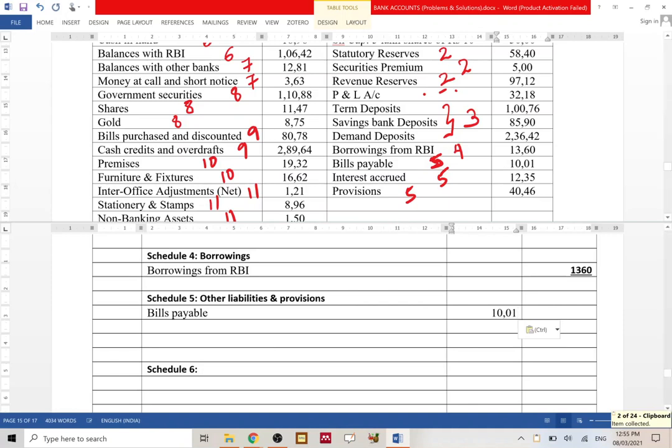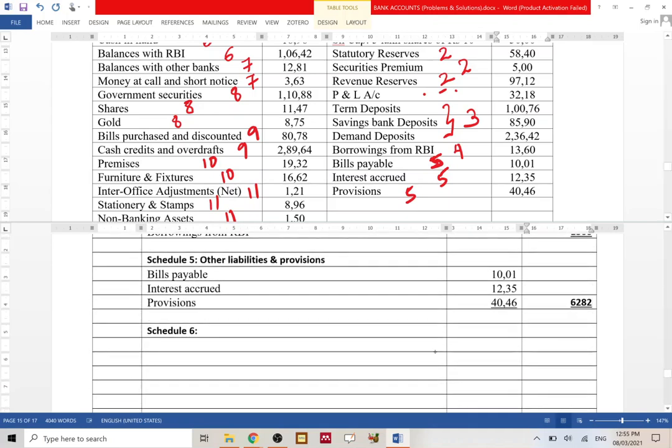Then you have interest accrued, again we're just posting here, amount is 1235, and we have provisions, amount is 4,046. Okay, so total, no other adjustments, nothing given. Total of this that we get, again outer column, is 6,282. Okay, 6,282 amount of other liabilities and provisions.